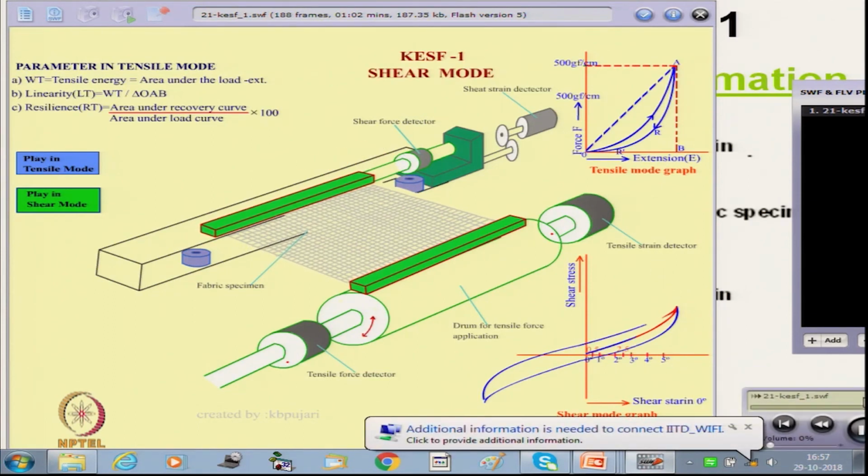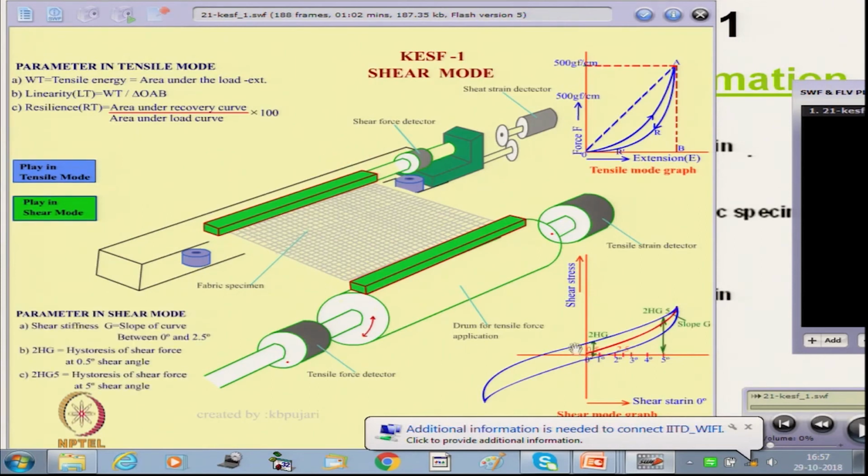Here we are getting the shear strain and shear stress curve. From this shear curve, it is not following the same path while shearing and when it is coming back.